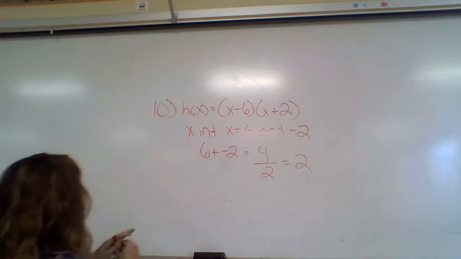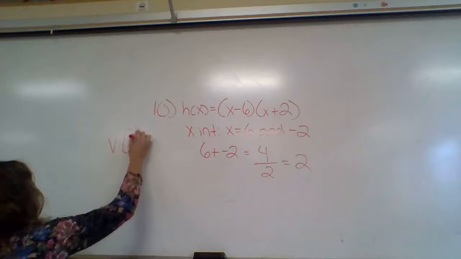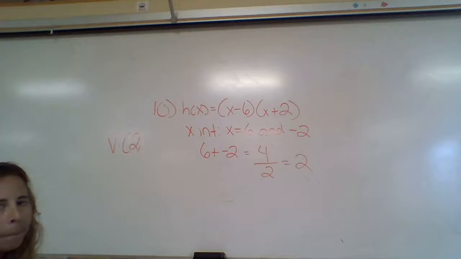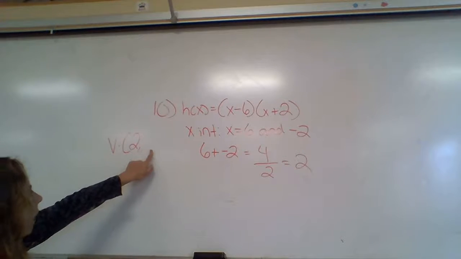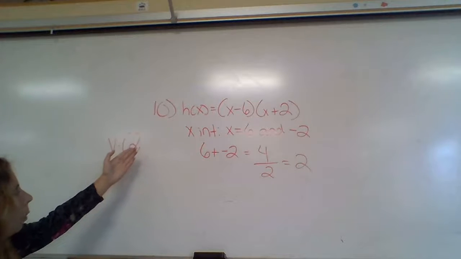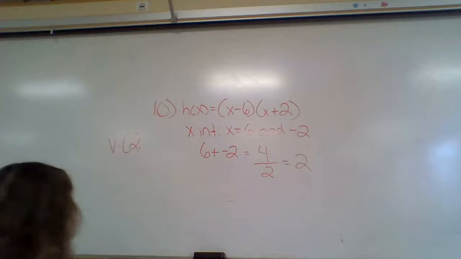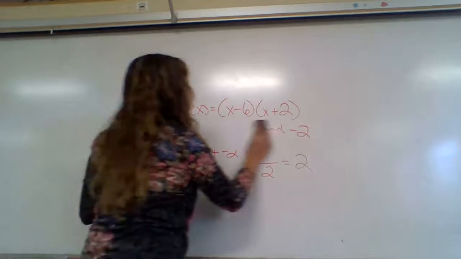So now we know the x value of our vertex. It's 2. But we need to figure out the y value. So when x is 2, what is y? Let me erase this.